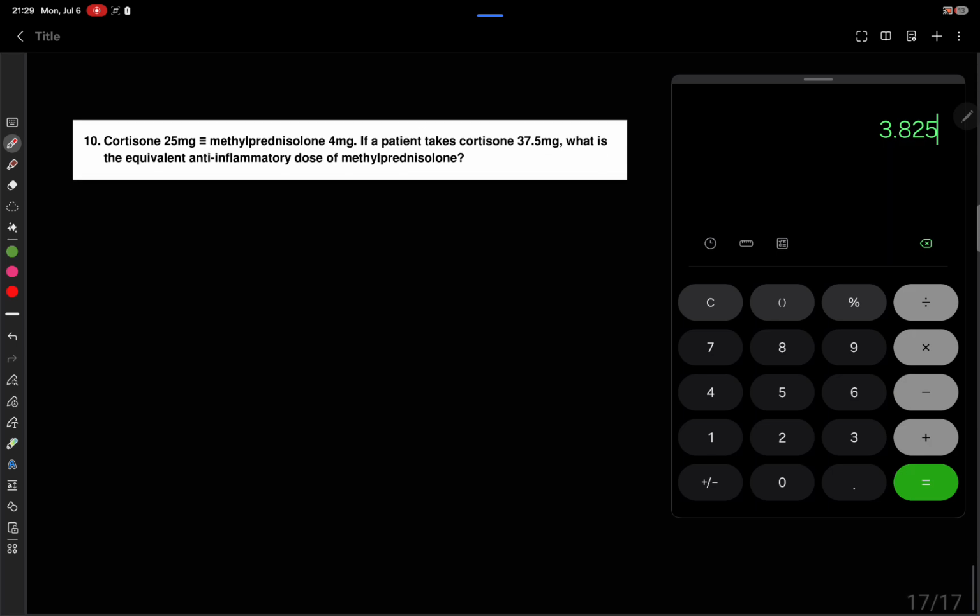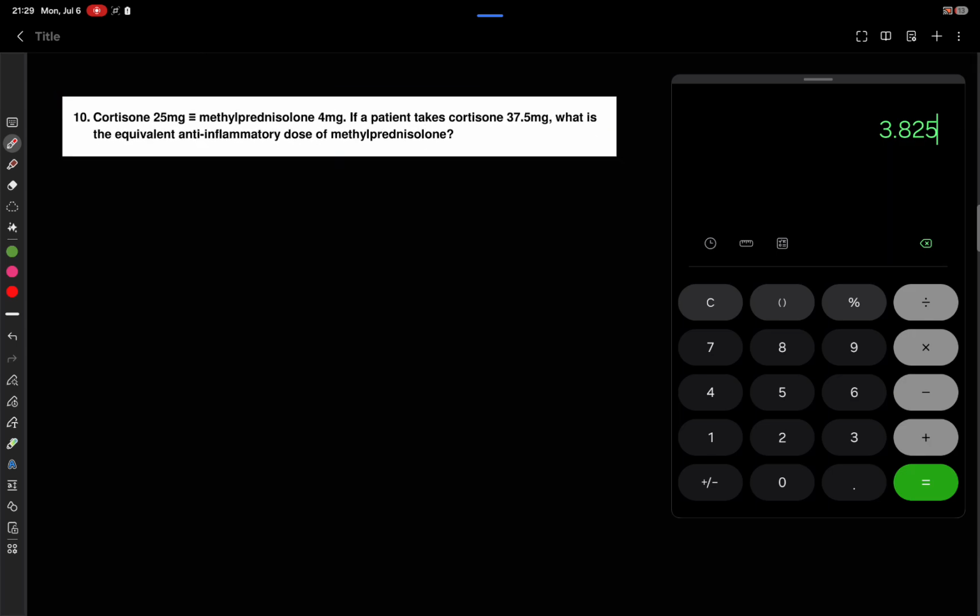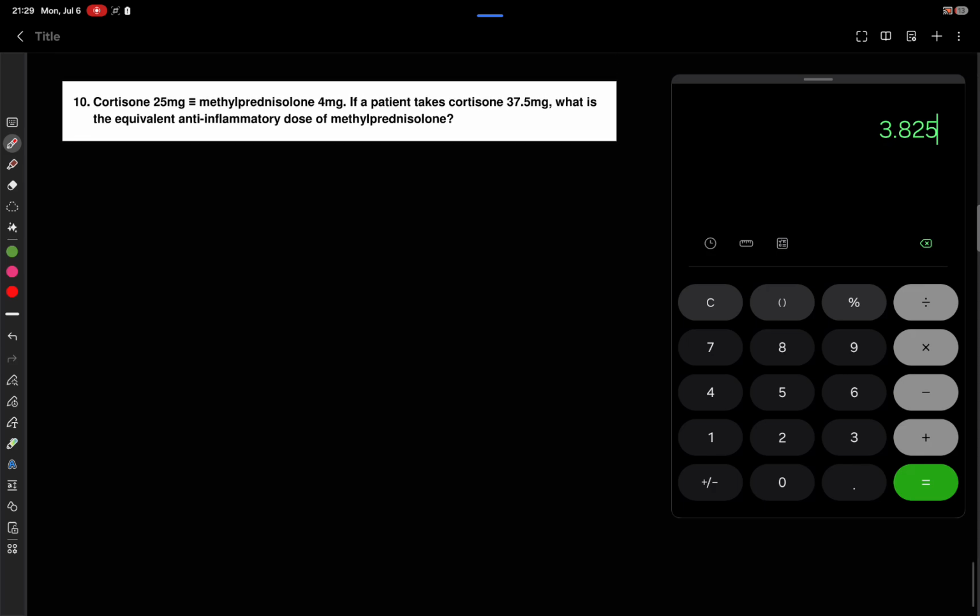We have a similar question here, let's solve this one too. Cortisone 25 milligram is equal to methylprednisolone 4 milligram. If the patient takes 37.5 milligram of cortisone, what will be the equivalent anti-inflammatory dose of methylprednisolone?